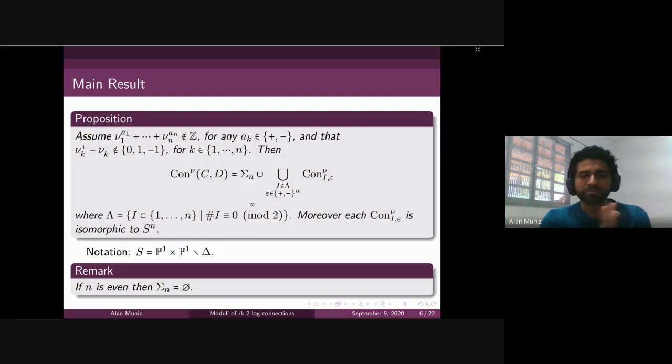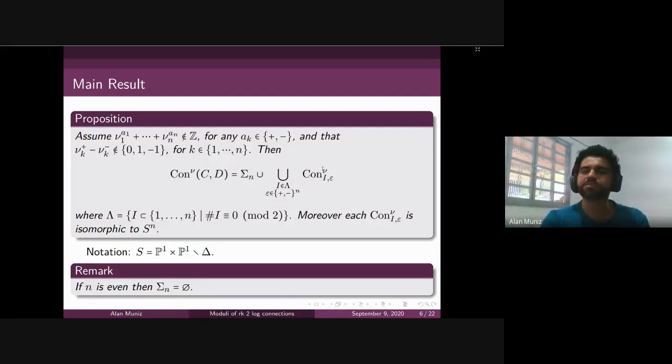These range over some set, and the one point is that each piece here is isomorphic to S^n, where S is P1 cross P1 minus the diagonal.